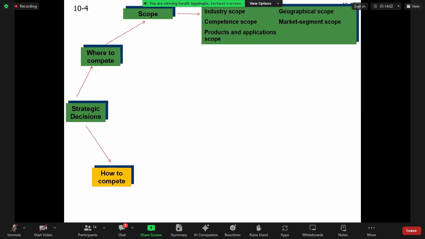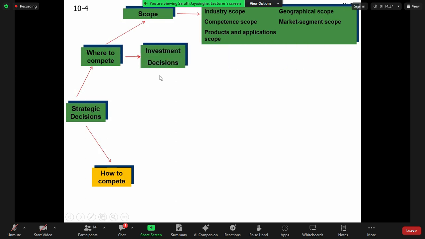So maybe industry scope, which industries you are operating. Then competency scope, product and application scope, geographical scope, market segment scope. So we have to decide where to compete. Again, scope.